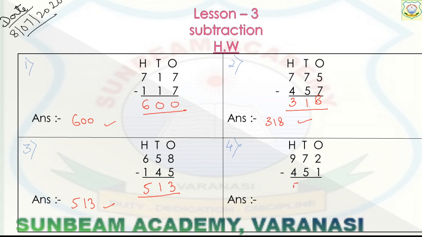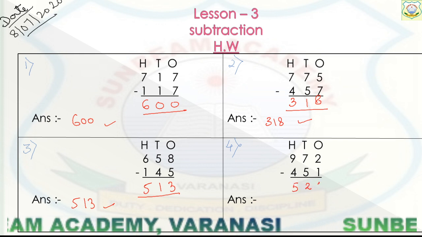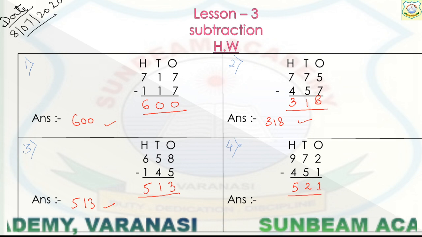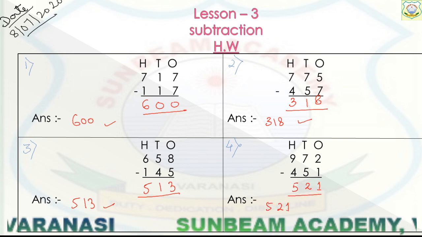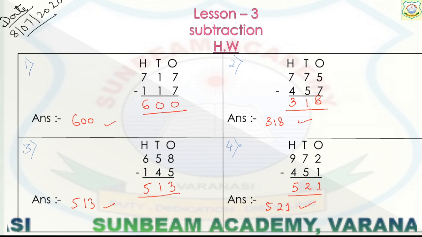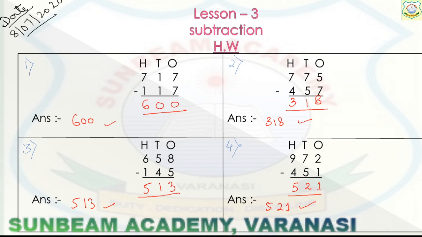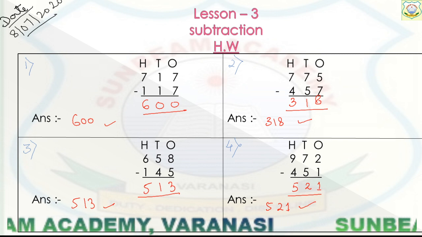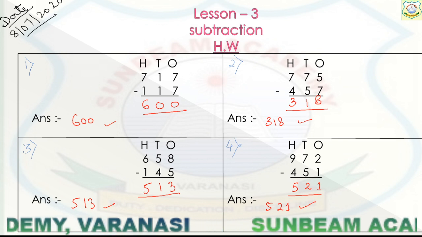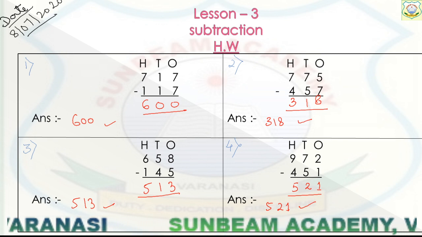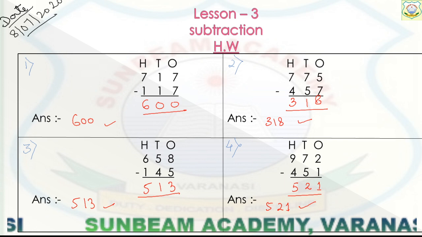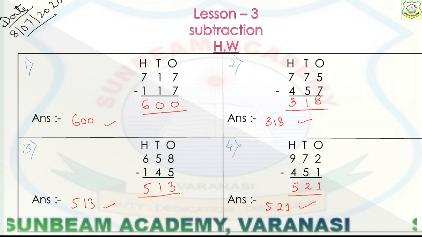If you have got 521 as an answer, then it is correct. Please check your answers, then we will proceed further, students. I hope everybody has done it correctly, right? So let's move further.